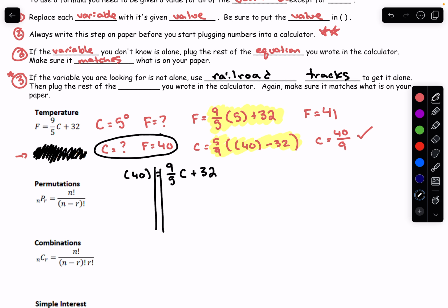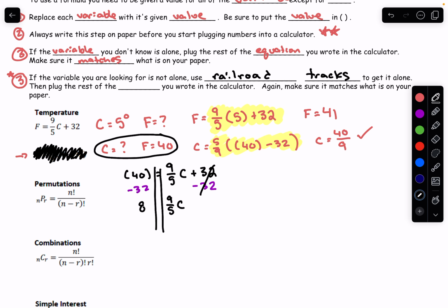So I want to get C by itself, so I do the order of operations backwards. I'm going to minus 32 from both sides, and I end up with 40 minus 32 is 8. Over here, I still have 9/5 C. 32 minus 32 goes away.